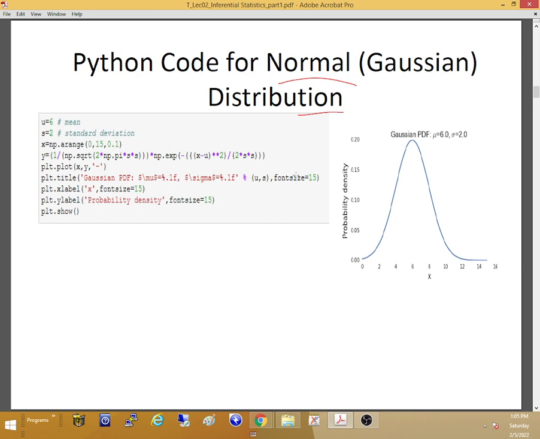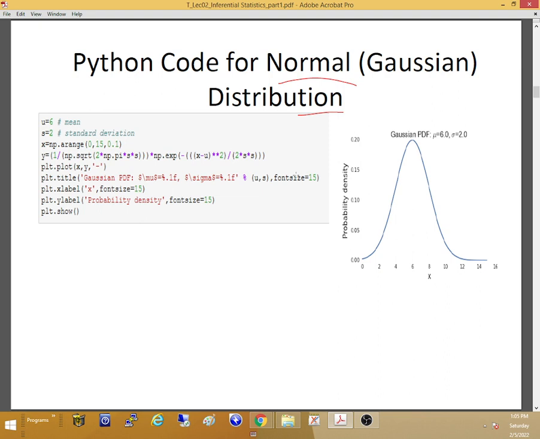If we put this x in this equation, which we already know: 1 by square root of 2 pi sigma square, and e to the power minus of (x minus mu) squared, divided by 2 sigma square.